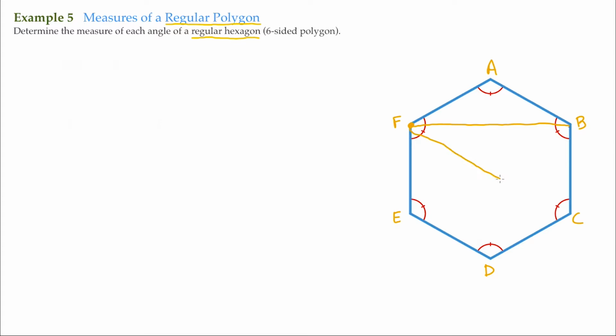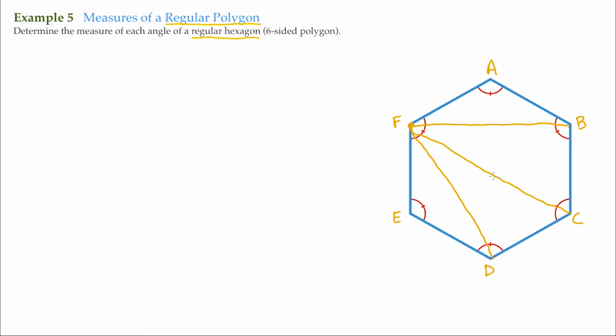And what this does is it makes a series of triangles inside the polygon. So you can see I have triangle FAB right here, I have triangle FBC right here, triangle FCD, and of course triangle FDE.